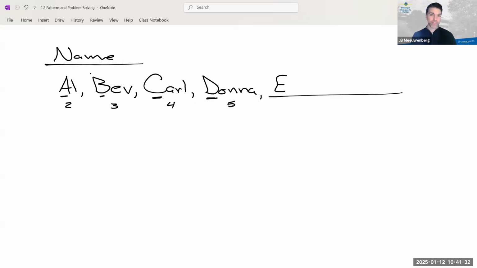What I didn't notice the first time I saw this, until I read the response, was that there was another pattern. Did you notice another pattern in this list of names? The names alternate between what would be traditional masculine and feminine names. Masculine, Al, feminine, Bev, masculine, Carl, feminine, Donna.